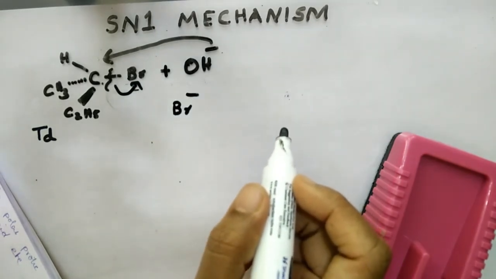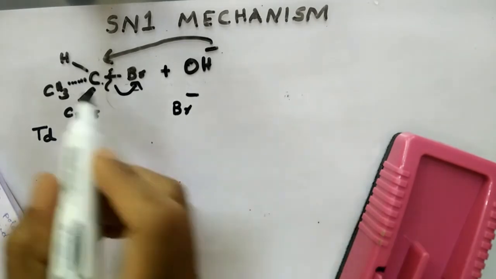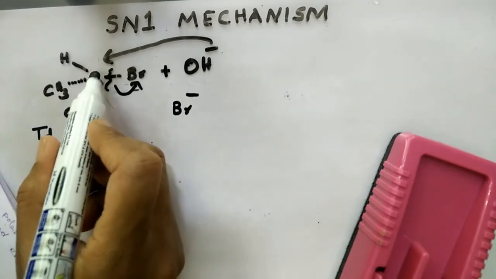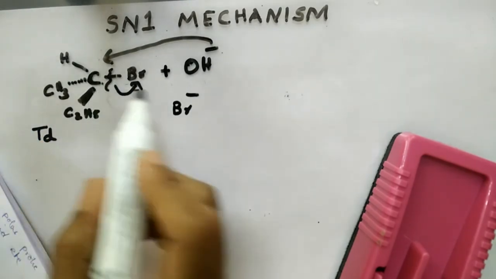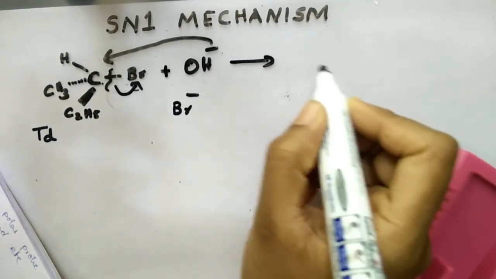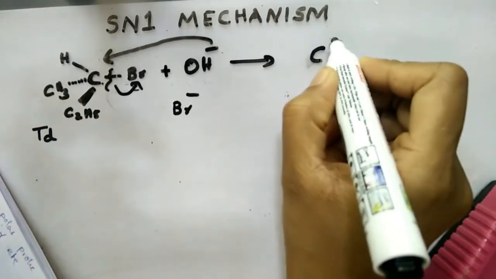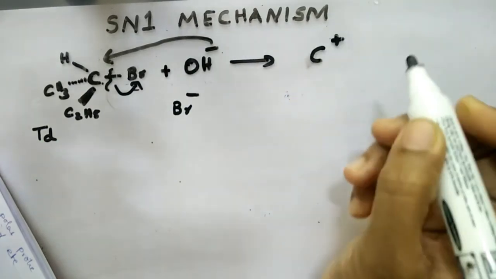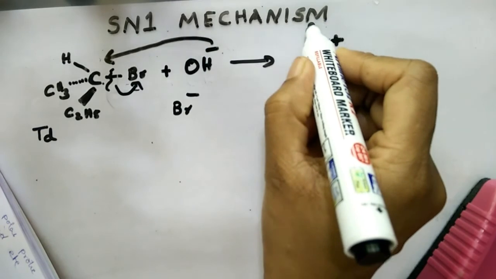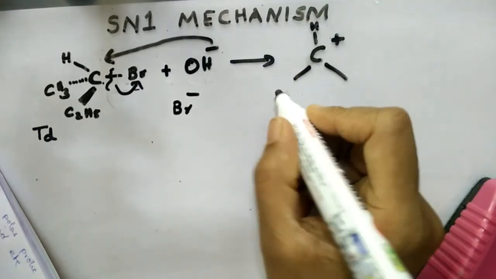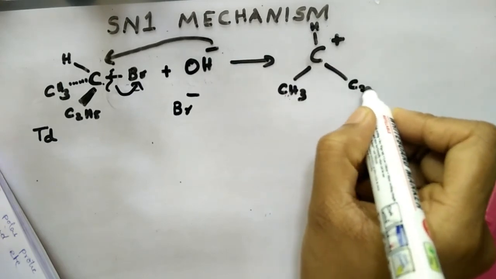That means the bromine moves away with a pair of electrons and attains a negative charge. And what happened to the carbon atom? Carbon atom, by losing electrons, attained a positive charge. So I am writing the positive charge here. Then three substituents are there now. This is hydrogen, CH3 and C2H5.